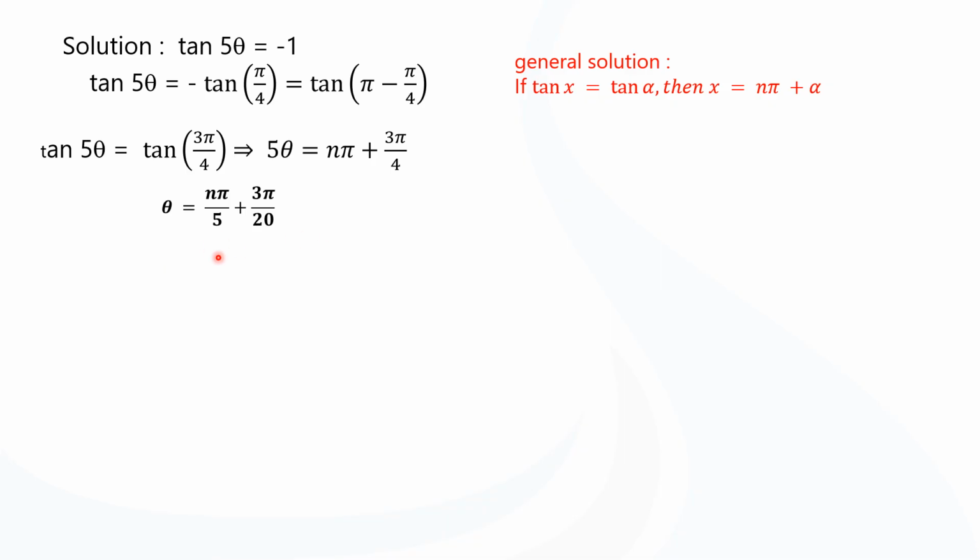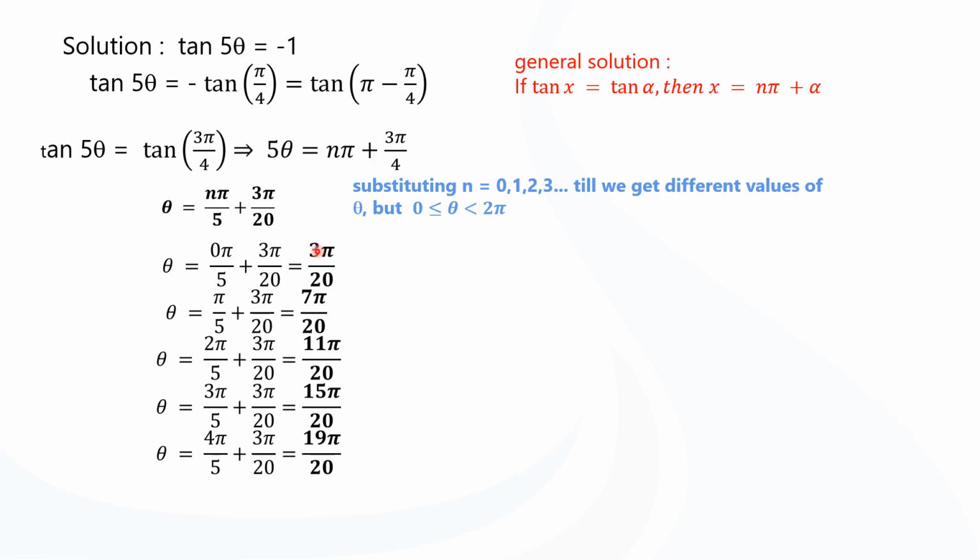Now this is the general solution. We have to find what? The principal solution. So we substitute n is equal to 0, 1, 2, 3 and on, till we get the value of theta between 0 to 2 pi. Once it exceeds 2 pi, we stop. First value, n is equal to 0, gets you 3 pi by 20. Then n is equal to 1 gives 7 pi by 20. 11 pi by 20 when n is equal to 2, and so on.